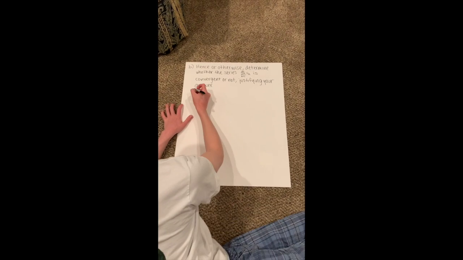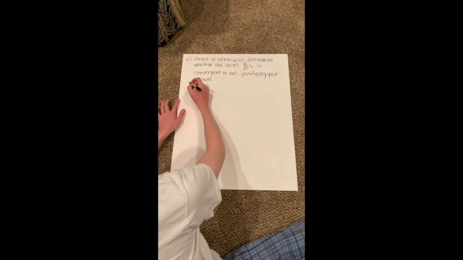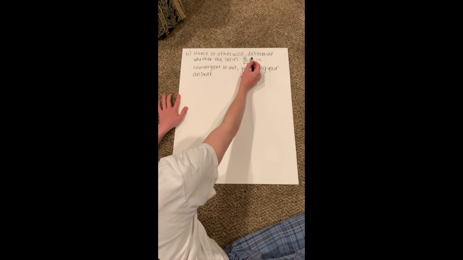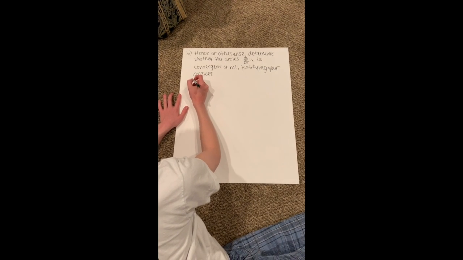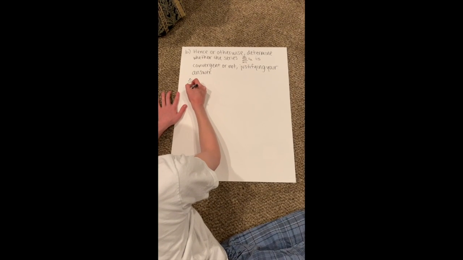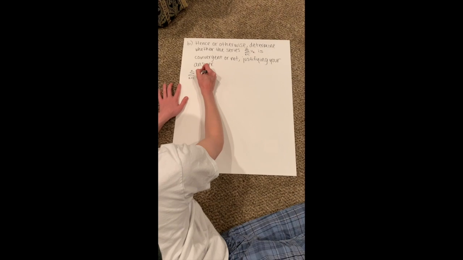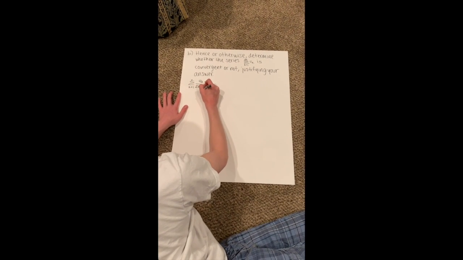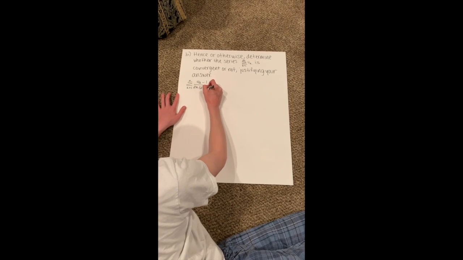From the last question, our expression for the series was the sum from k equals 1 to n of 4k minus 1 over 2k times 2k plus 1.